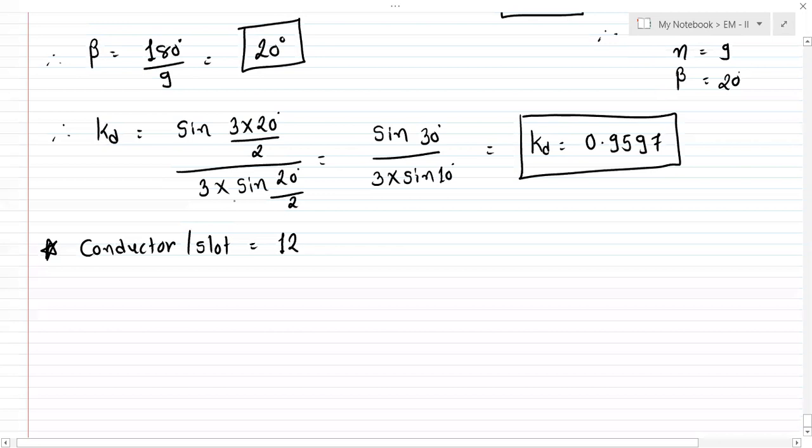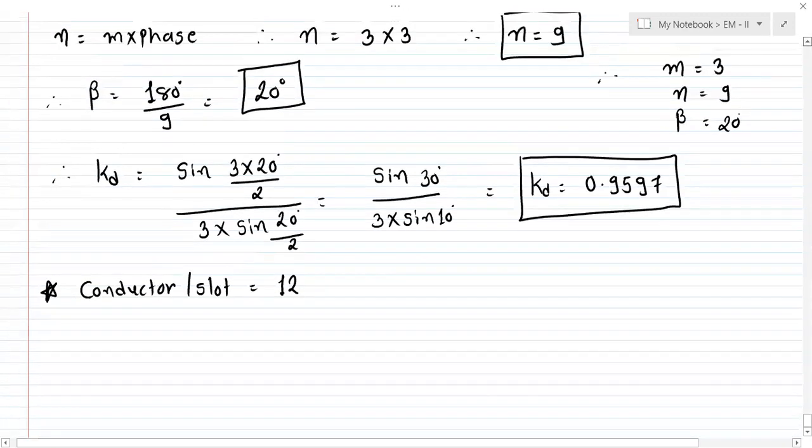Per slot we have 12 conductors. So first of all, we have to find how many slots there are. From which equation can we find the number of slots?